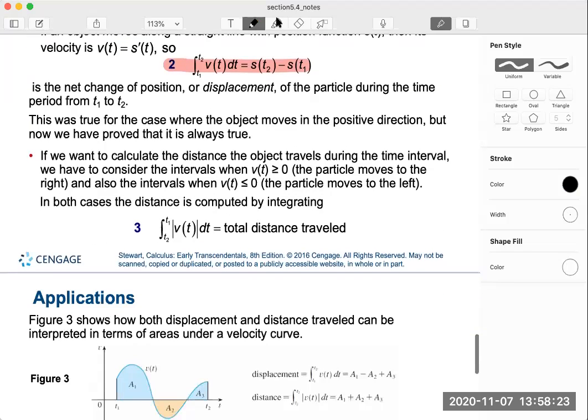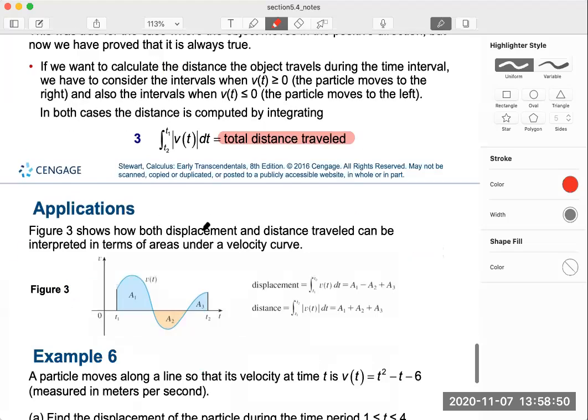And here, sometimes we need to compute the total distance traveled, if it traveled in the positive direction or in the negative direction. That would be the integral of an absolute value function here of v(t) dt.